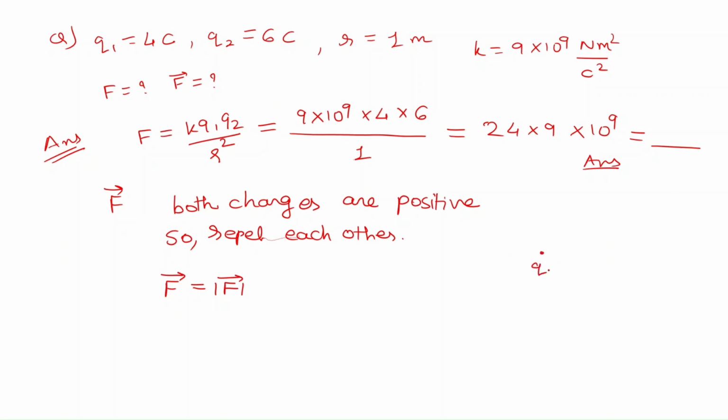Let's suppose we take Q1 here, Q2 here, and I will take this as the x-axis. The force due to Q1, let's suppose, is F, and the force due to Q2 is minus F. This is the direction and this is the magnitude.